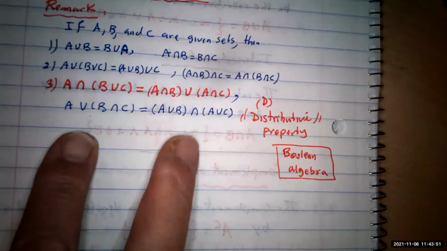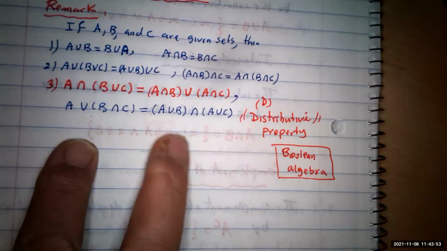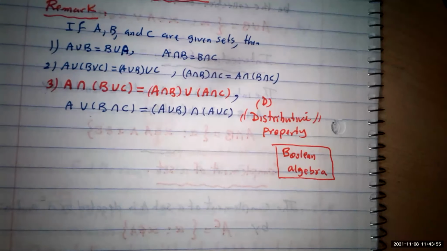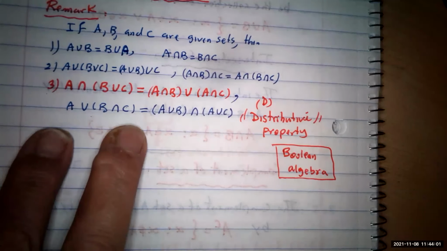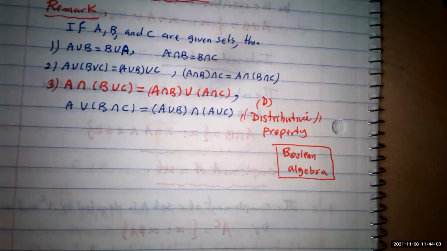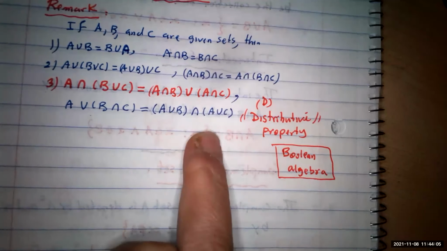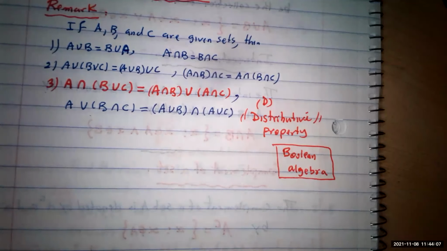So we may give you something, you will see it in your practice one. We may give you sets A, B, C, and we want you to verify it. Verify means you are going to find the left-hand side by using the given examples, and the right-hand side, and you verify that they are the same. If it's going to be on the test, this is going to be the purpose.